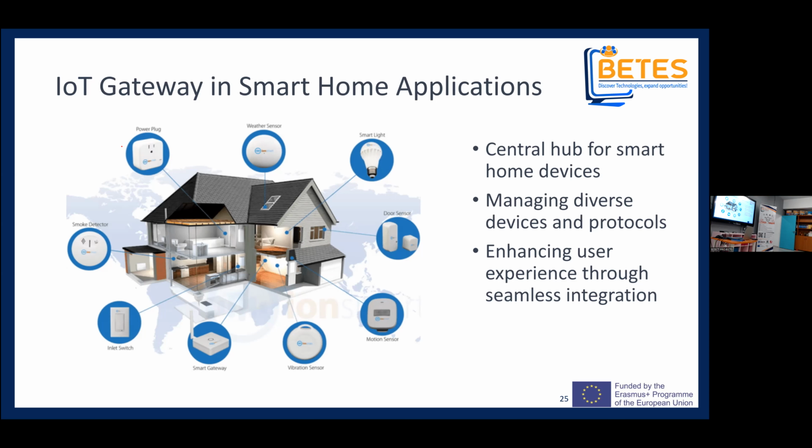This device that I have in my hands is a wireless temperature humidity sensor that is connected with Bluetooth. This small Bluetooth device, which has a very small battery in it, connects to our gateway and then to the internet.